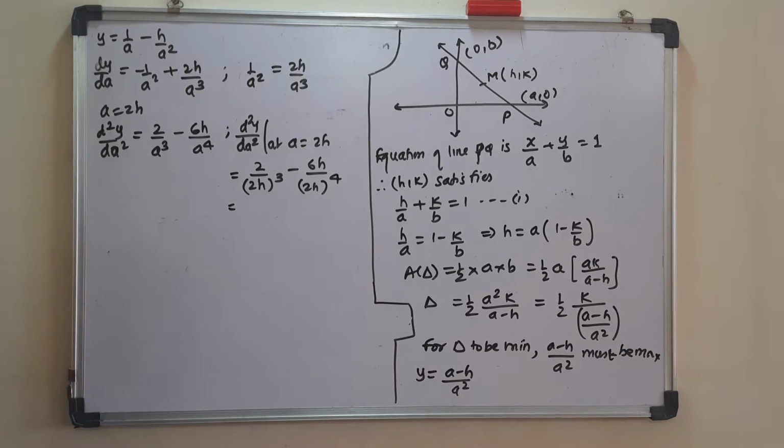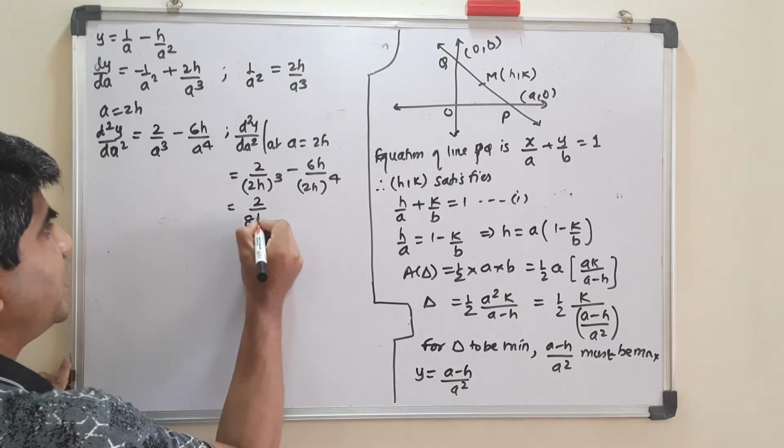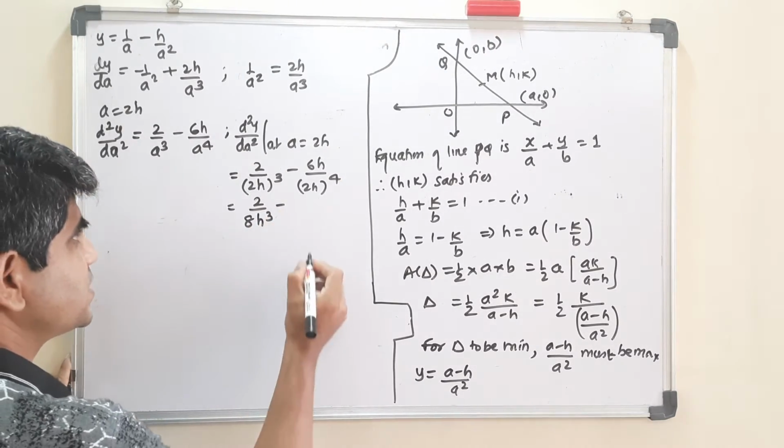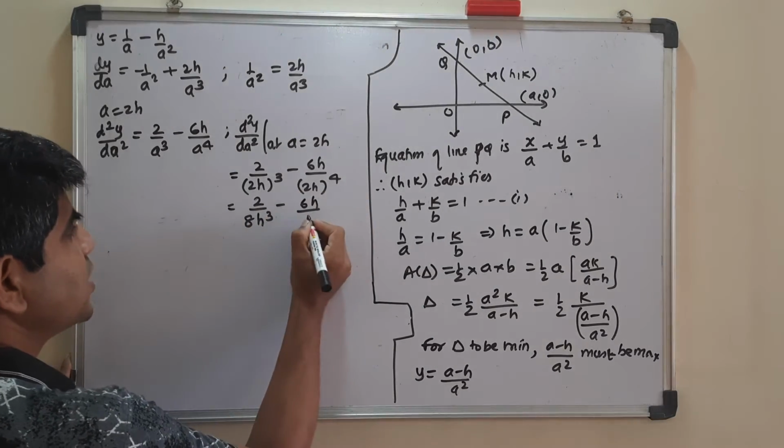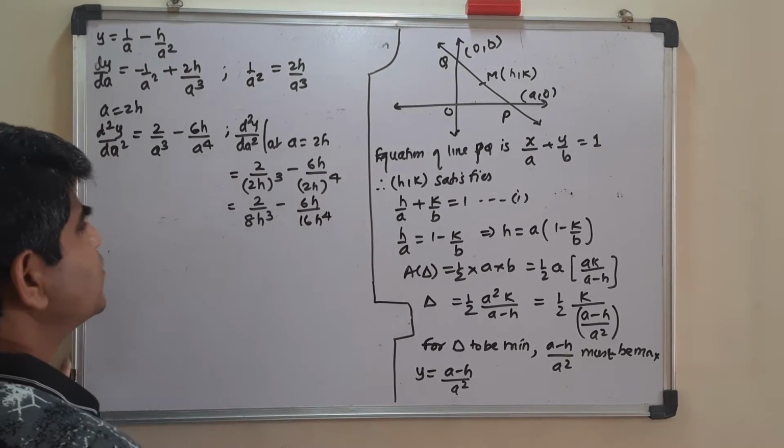So solving, what I get here is 2 upon 8h cube minus 6h upon 16h raised to 4.